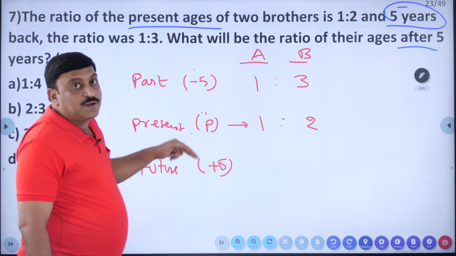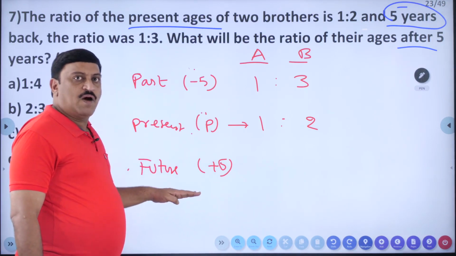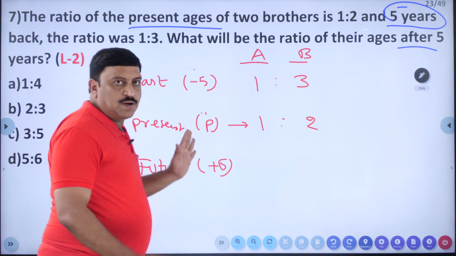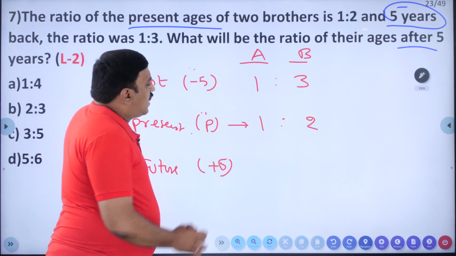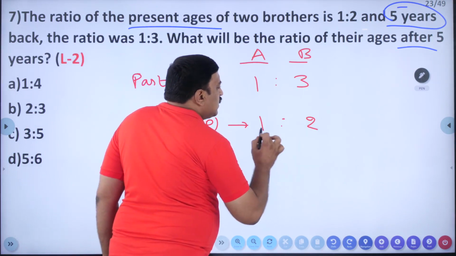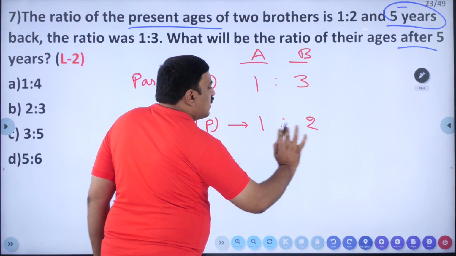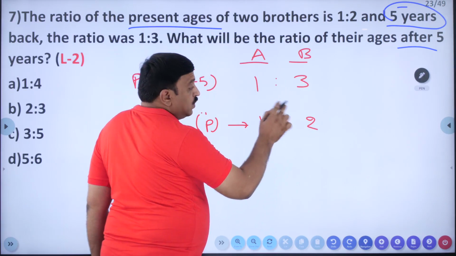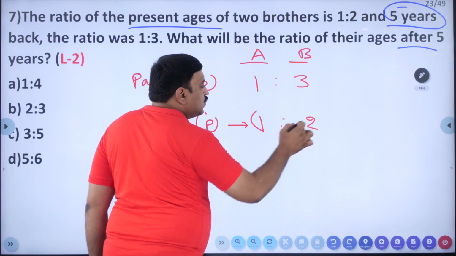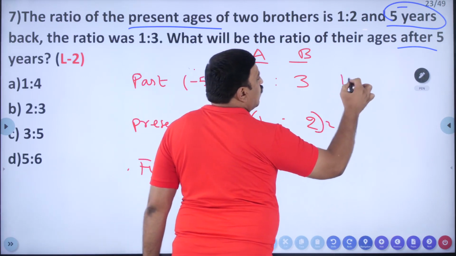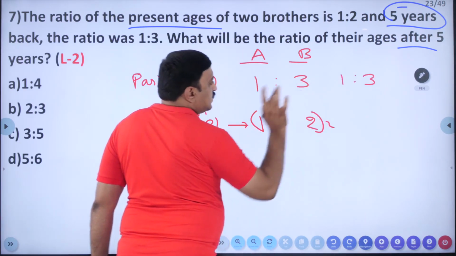From present, again plus 5 will go to the future, after 5 years. Right? This is our style. Okay, let us see. Here there is 1:3 and 1:2. The difference here is 1. There is 1 here and 2. So 1 means opposite 1, no problem. But 2 is there, multiply this one with 2. So what will you get now? 1:3, this is as it is, 1:3.